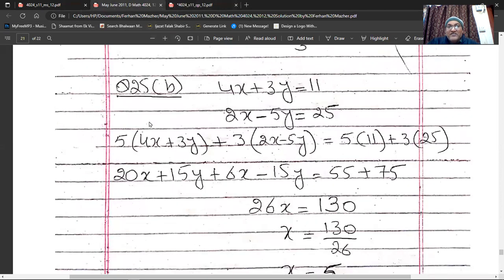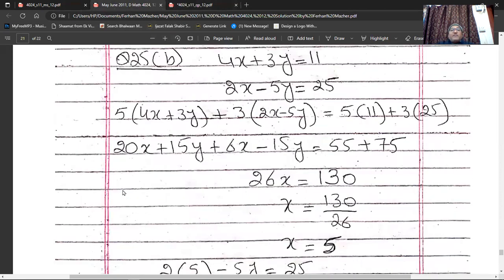That's the strategy. So I multiply the first equation by 5 and the second equation by 3, and I will add them. The left side will be added to the left side and the right side to the right side. So 5 bracket 4x plus 3y bracket close plus 3 bracket 2x minus 5y bracket close equals 5 bracket 11 bracket close plus 3 bracket 25 bracket close.